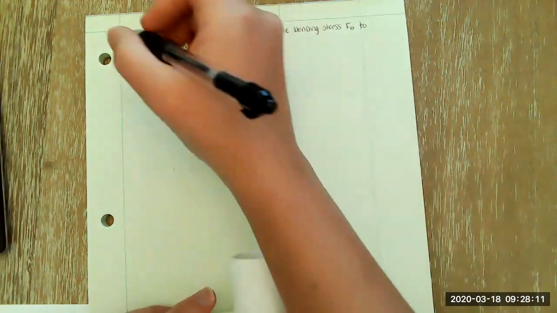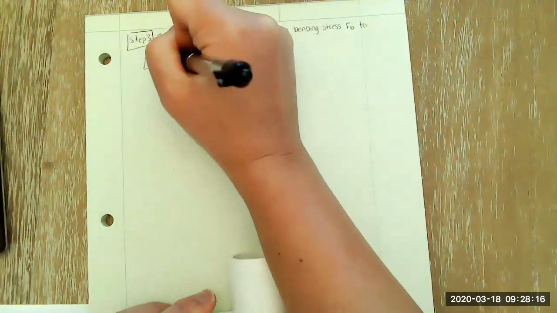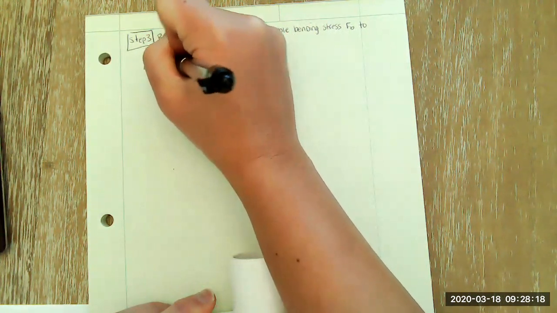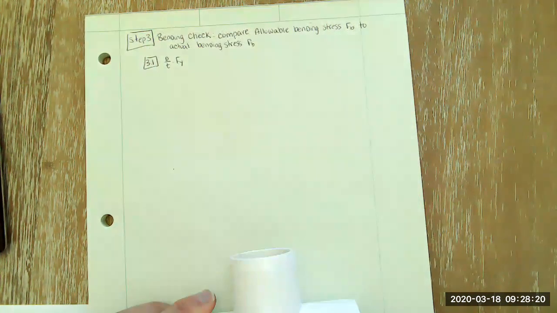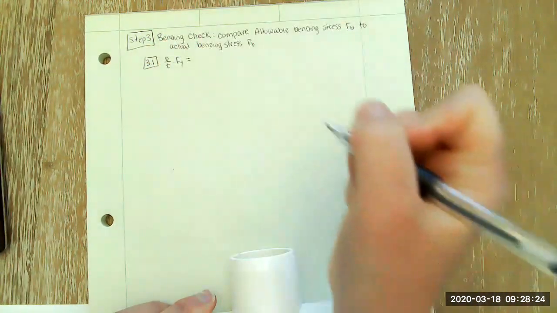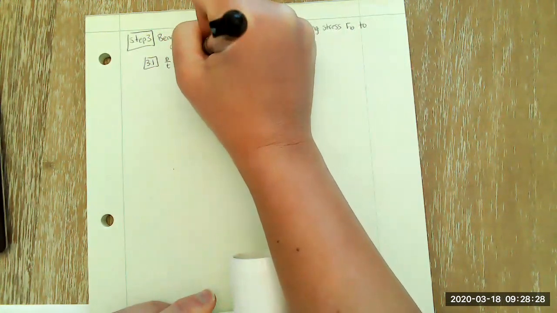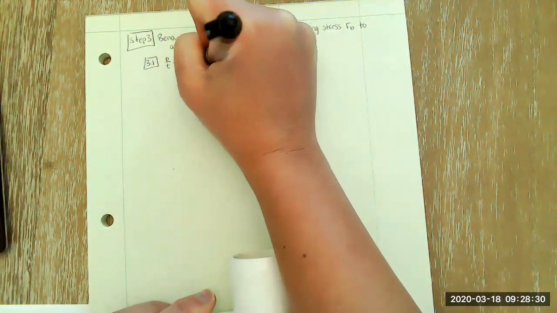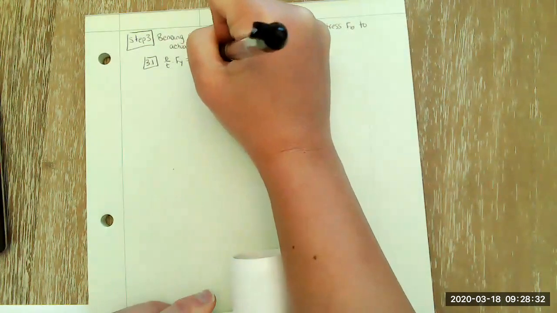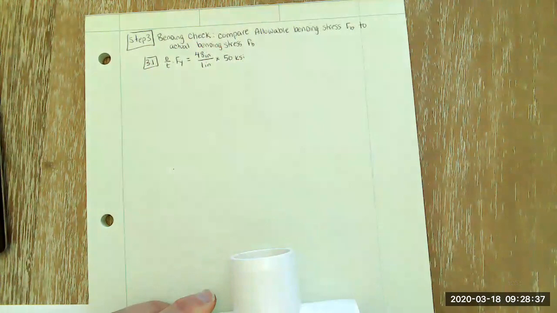The first thing we need to do is to check the ratio D divided by T times Fy. So plugging in numbers from our example, our column outer diameter was 48 inches, our thickness was 1 inch, and our yield strength is 50 kips per square inch.